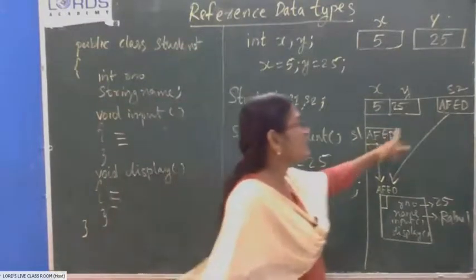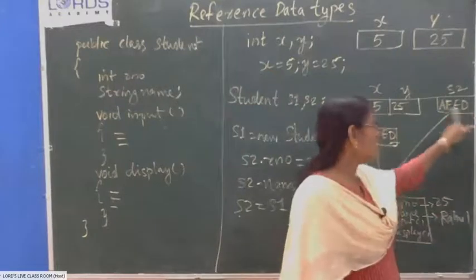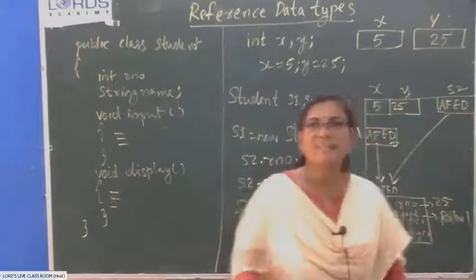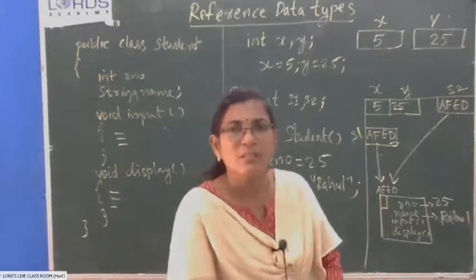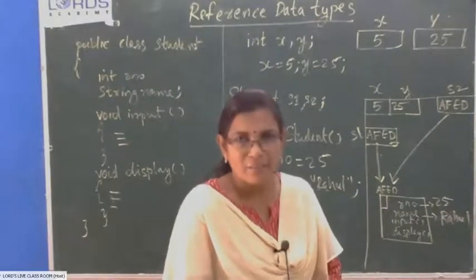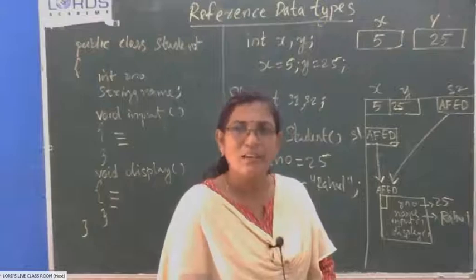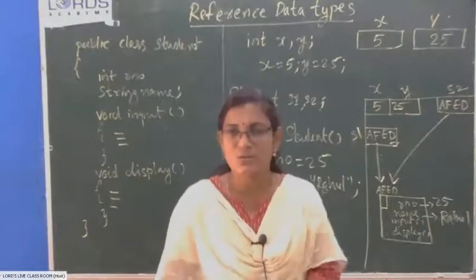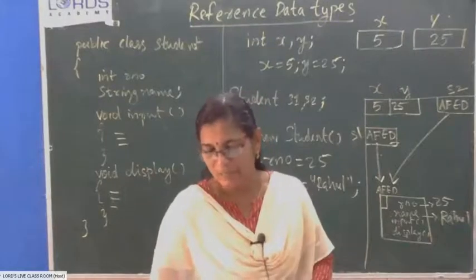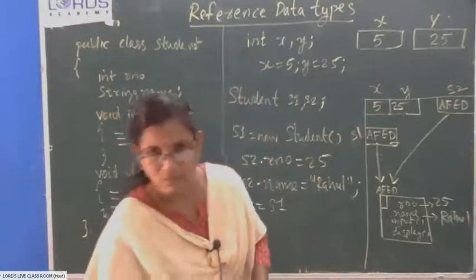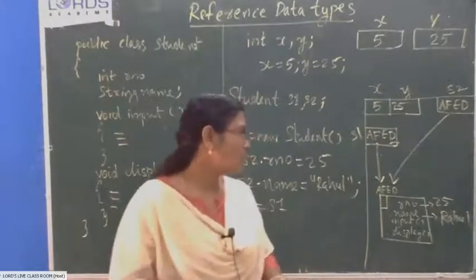Only this address is copied. Both these variables are called pointer variables or reference variables. This concept is used in the pass by reference method. We will write a program and I will explain through the program how pass by reference works. Is it clear now?